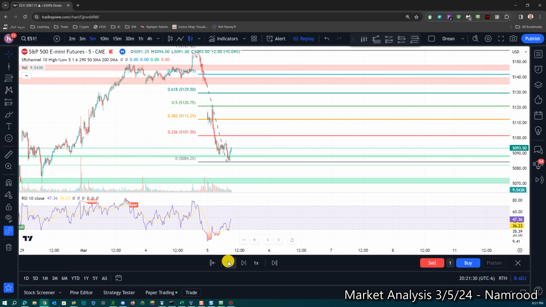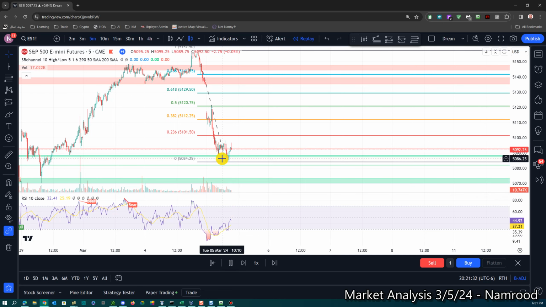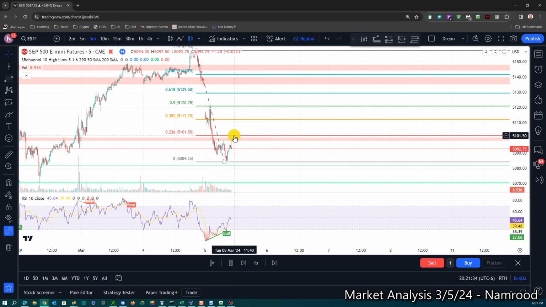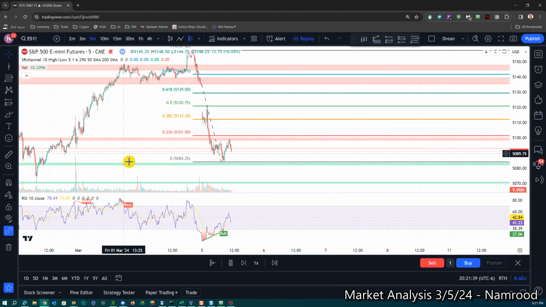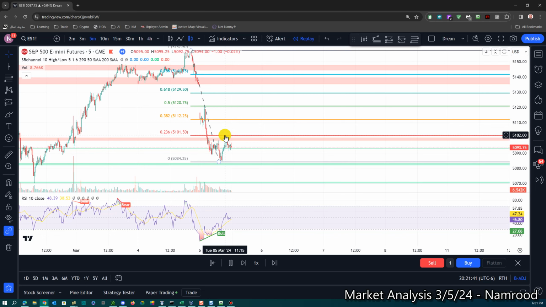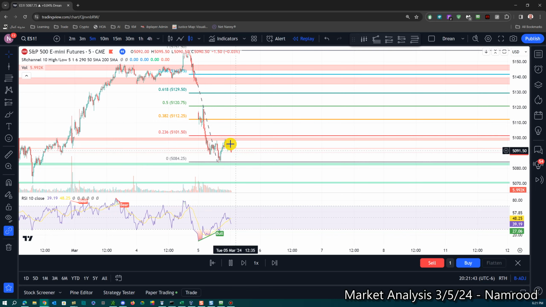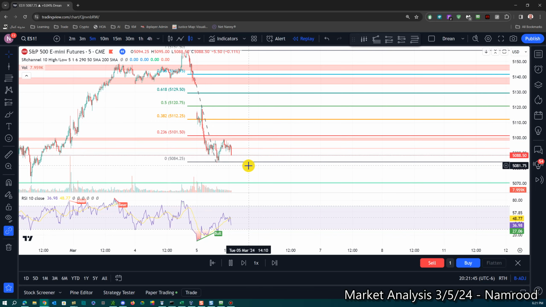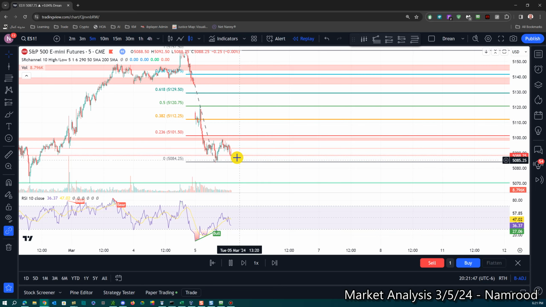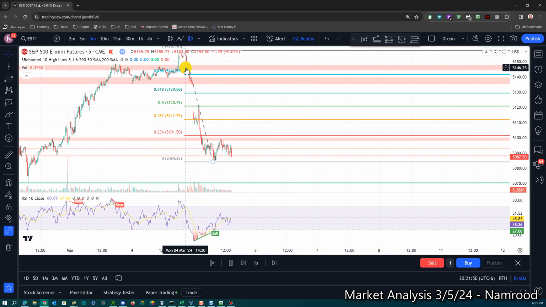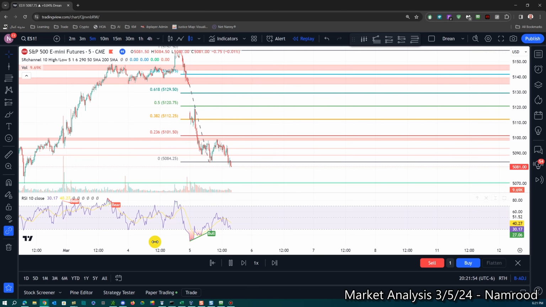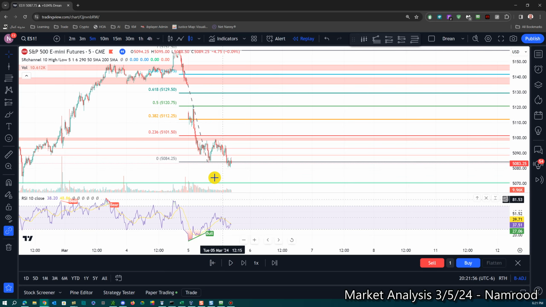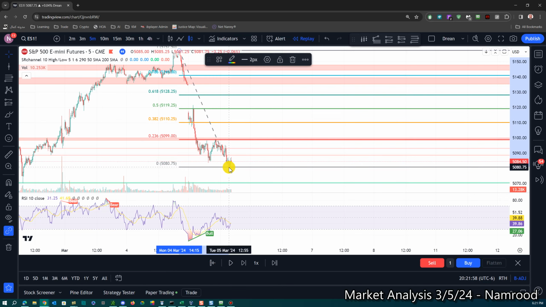Typically it should go and retest the 23.6 here. It barely touched it, then got rejected, and naturally it's going to go down again. And this confirms that we had a bearish trend in the morning. You can see here it went down again. Now we have to change our fibs again. This is a new low.